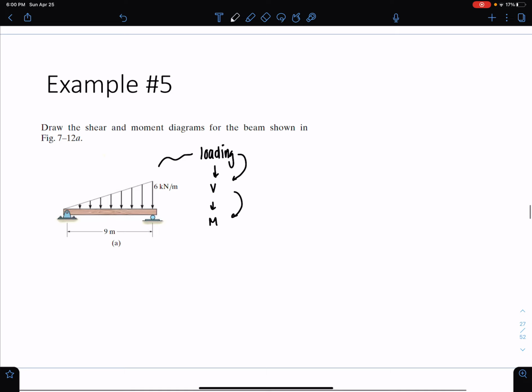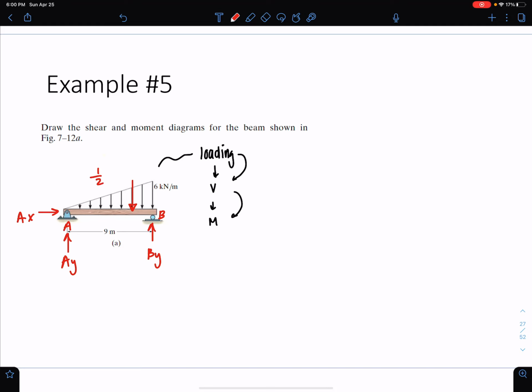All right. So what we're going to do here is we're going to start by drawing the FBD. So I'm going to call this point A. We have an AX reaction, we would have an AY reaction, and we would have a BY reaction. This is point B. And here, to get the resultant of this triangular distributed load, we would take the area under the system.